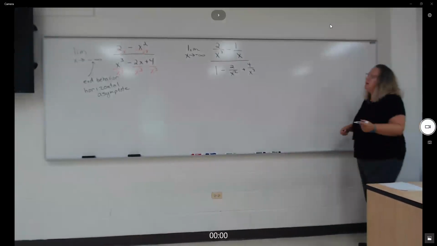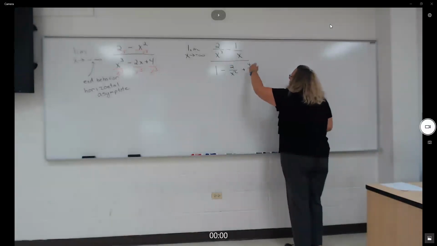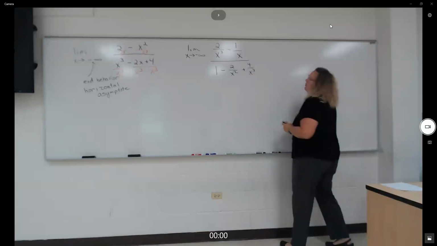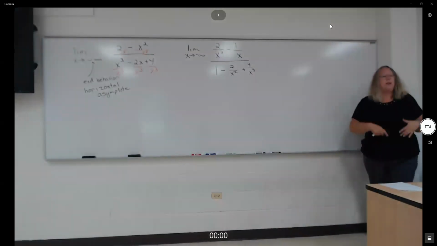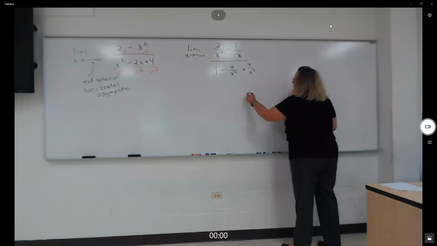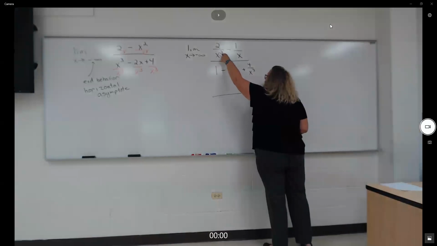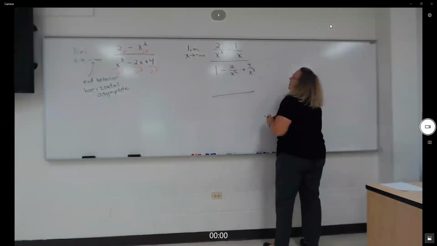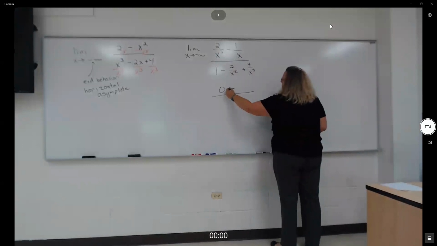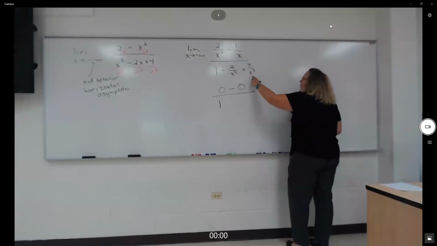Technically, I'm coming from the negative side, but it doesn't matter. So 4 divided by a really, really small number like negative a trillion is still going to be 0. What about here? Same thing, right? 2 over x to the third, 2 divided by negative a trillion, that's 0. 1 divided by a trillion, that's 0. These guys are both going to 0.